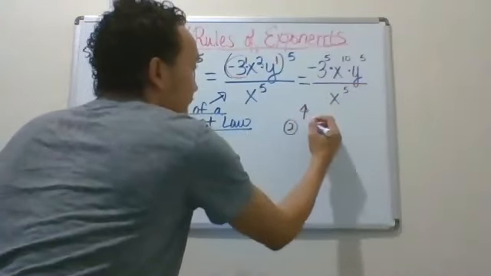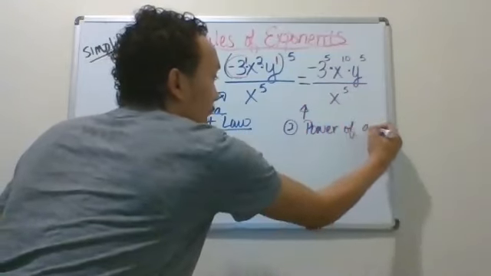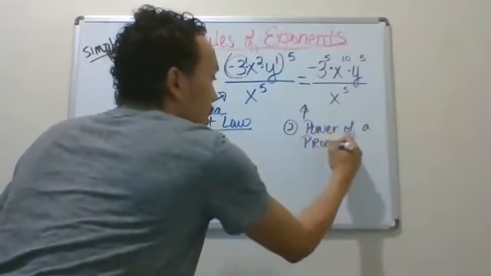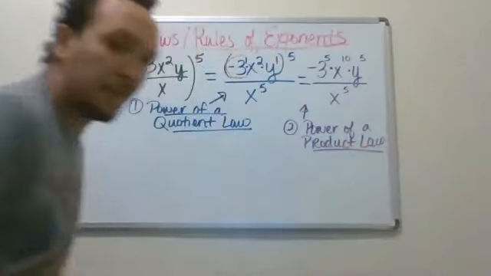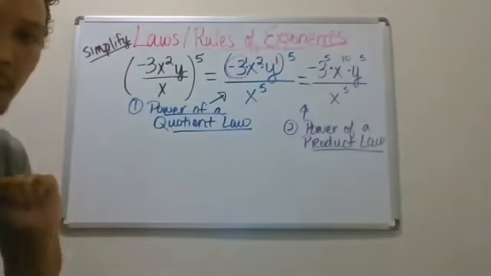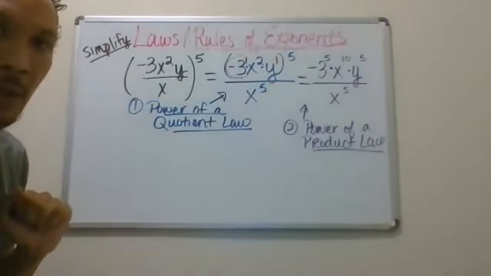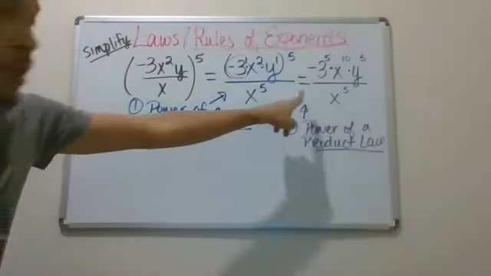So my second step was to use power of a product law. Any questions on how I got from here to here? Any questions about how I got from step 2 to step 3?